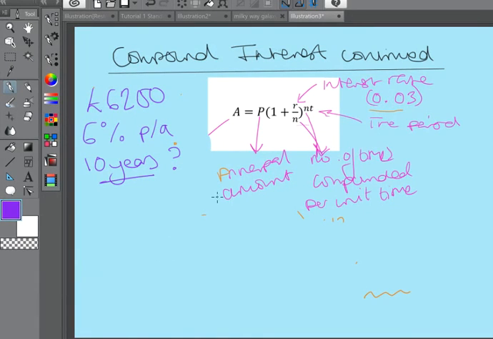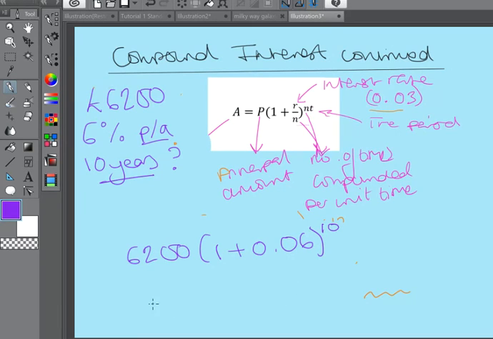So again, my principal amount is just my 6,200. It's compounded once a year. So I'm just going to put 1 plus my interest rate of 0.06. I'm not going to put divided by 1 this time. Hopefully that's kind of cleared it up from my previous example. And then to the power of 10.